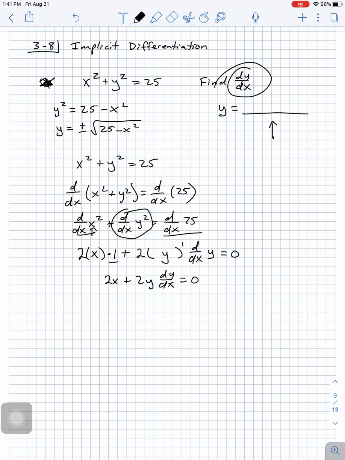And the advantage of this is, what are we trying to find? Oh, we're trying to find dy dx. Well, look, it's right here. Now we just have to do some simple algebra to solve for it. So I subtract over the 2x, and then divide by the 2y.